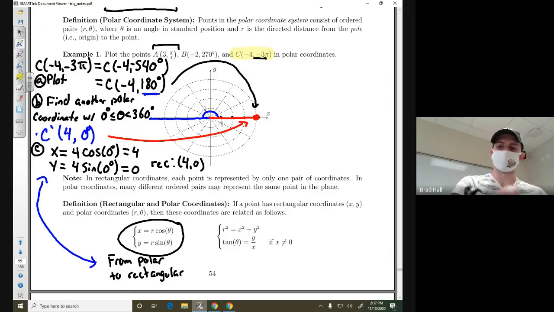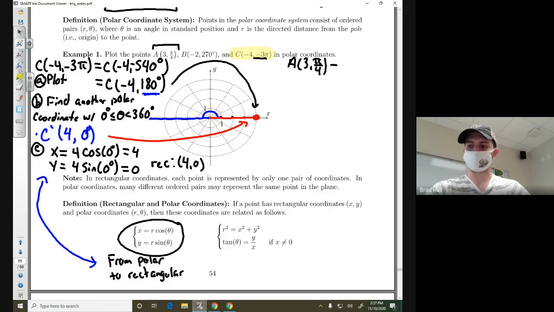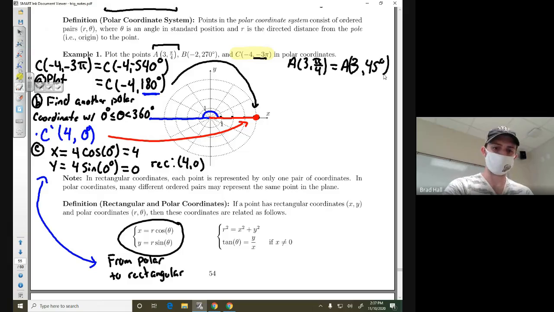Just make sure I'm explicit about this one. 3 pi over 4, which is the same thing as A. So I said this already. 345 degrees makes it a little bit easier.